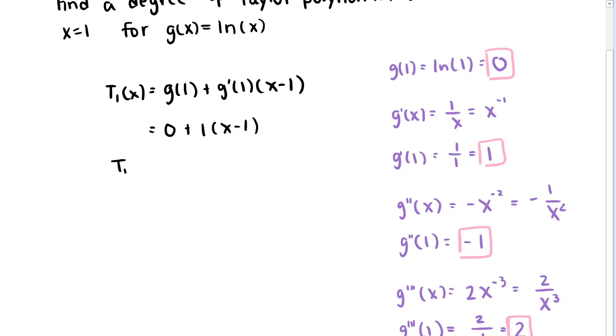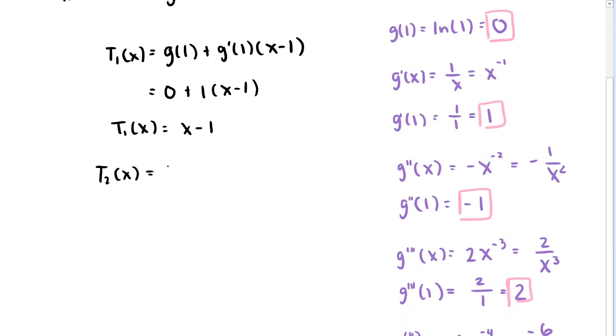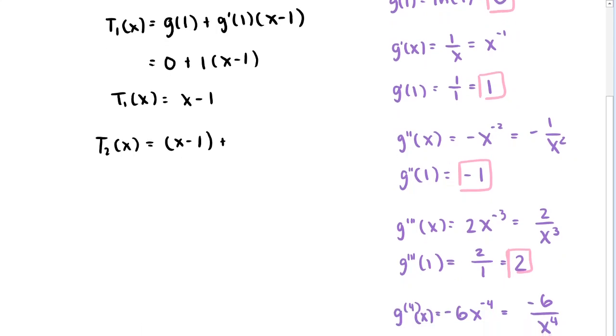The tangent line that approximates our curve is just the function x minus 1. And then the quadratic function, well, it contains this part of the tangent line function. We have x minus 1 here, but we also have this quadratic term, that has the second derivative divided by 2 times x minus 1 squared.